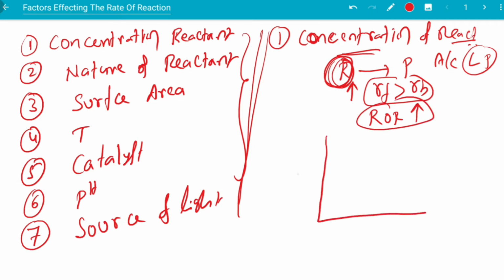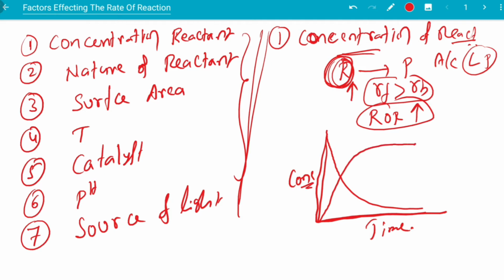In any reaction, take concentration along the y-axis and time along the x-axis. With respect to time, the concentration of reactants decreases and the concentration of products increases. This curve represents the concentration of products, and this curve represents the concentration of reactants.